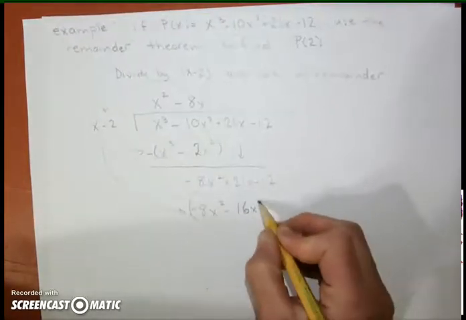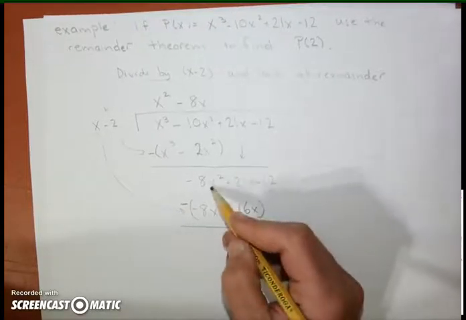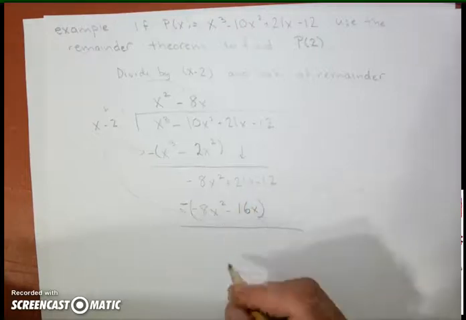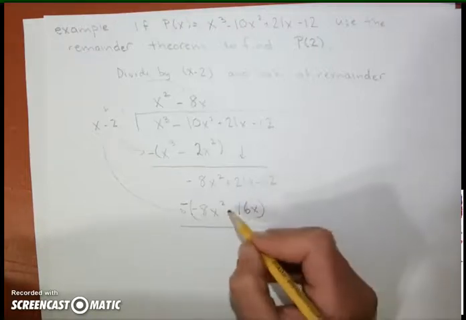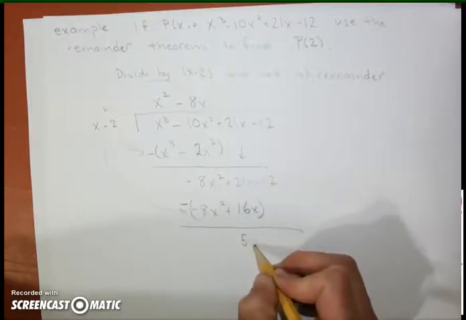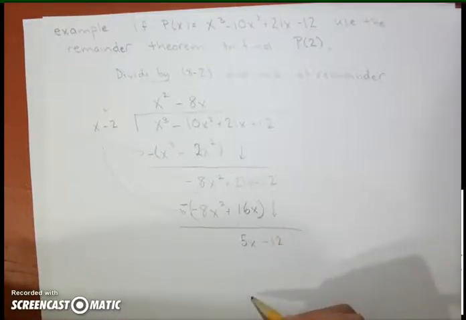And then I'm going to subtract this entire thing from the expression above. So here, these cancel. 21x minus negative, oh, this was plus 16x, so 21x minus 16x is 5x. And then I bring down the minus 12, and I repeat the process again.